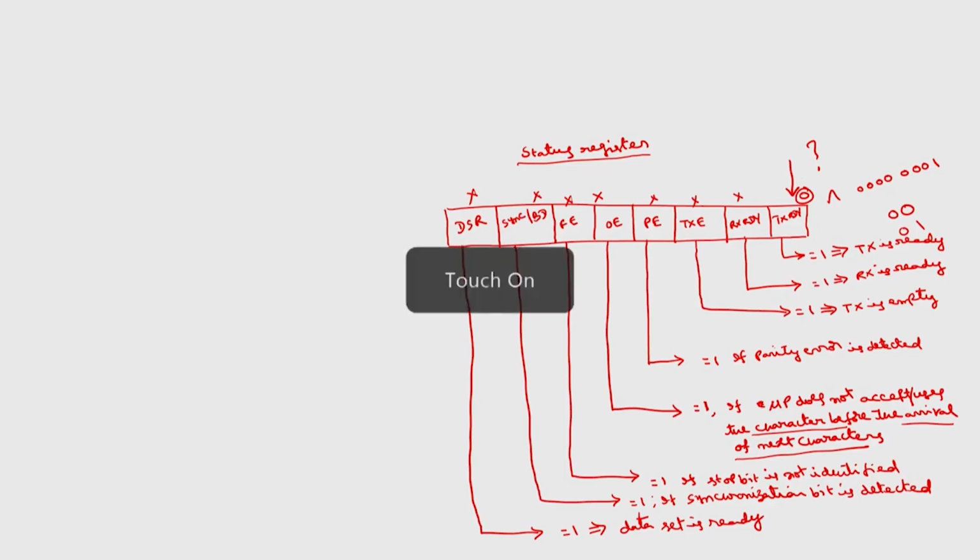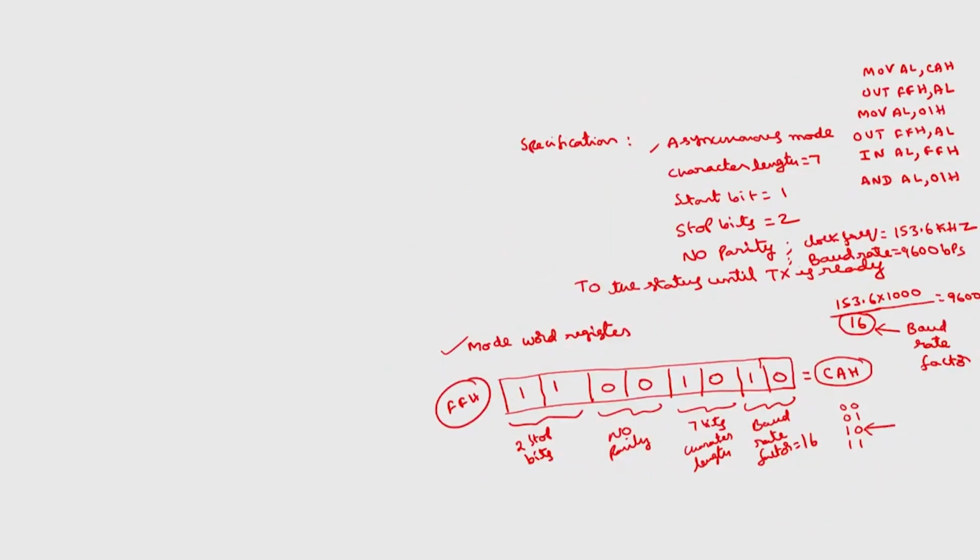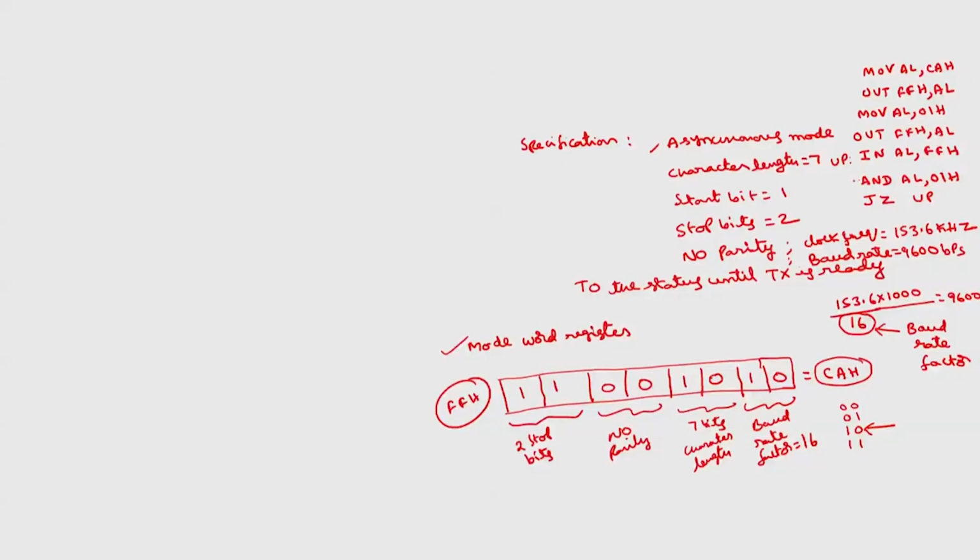Okay. Now, what are the remaining instructions? Jump on zero to up. You have to wait until the transmit ready pin is 1. So, at up we will take the data again, AND it with this, and check the zero flag. Once it is not 0, the last bit is 1. If I AND with this, we will get 0 1, which is not 0, so this will come out of the loop.